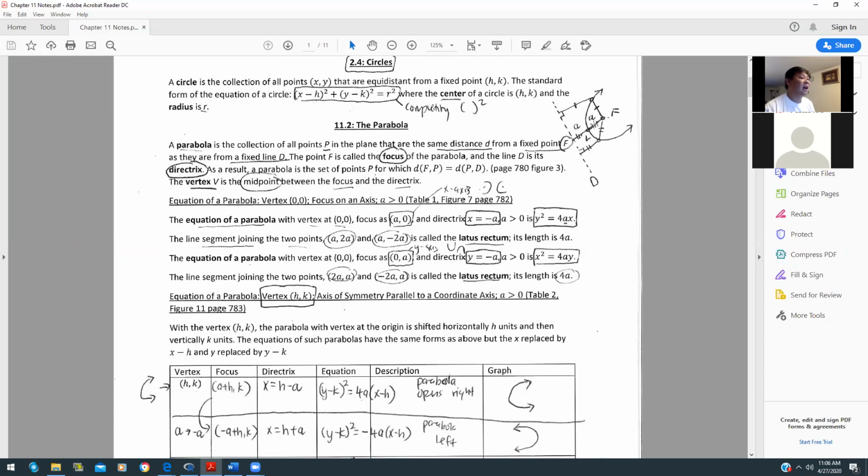So there is a distance between your focus point and your vertex, or the distance between your vertex and the directrix. So make sure you know what A stands for here.